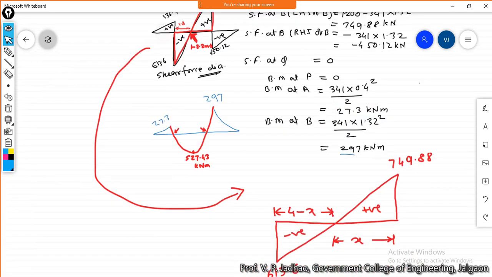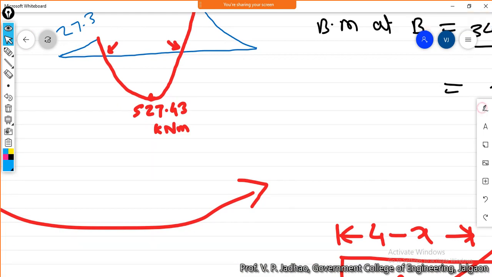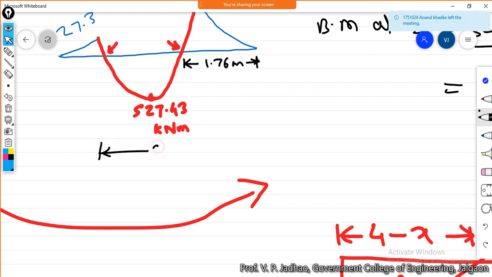So this is the first point of contraflexure at 1.76 meter, and the second point of contraflexure is at a distance 5.275 meter from the right end.